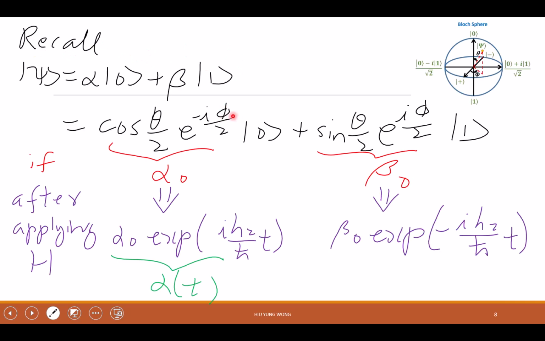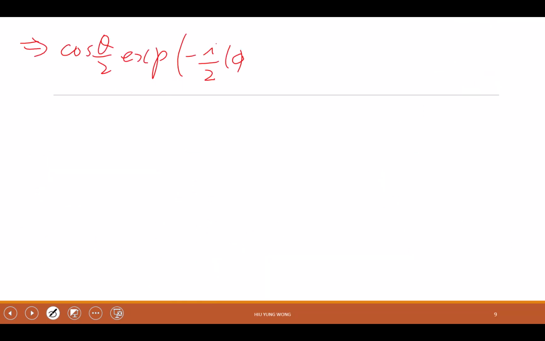I have the phi, negative i divided by 2. Now I want to group them together, so I'm going to take out the i, add a negative, and then I have phi divided by 2. So this becomes minus 2Hz divided by h bar t.